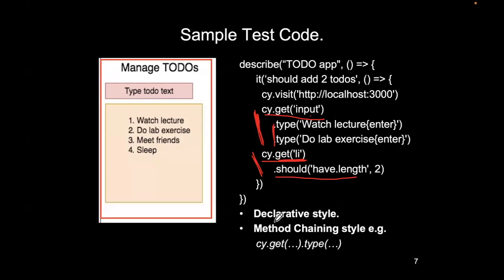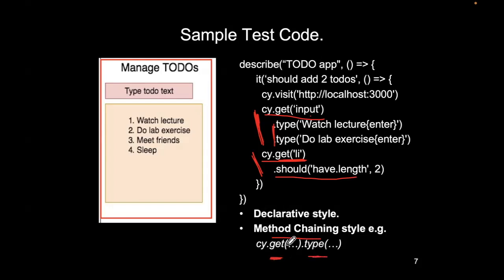Arguably, this kind of syntax is somewhat declarative in nature, although that's debatable, I suppose. But the other thing you'll notice is that Cypress uses this method chaining programming style a lot. Method chaining is not a Cypress thing, it's just a programming technique. An example of it here is I'm invoking the get method, and whatever the get method returns, I'm then invoking another method on that.